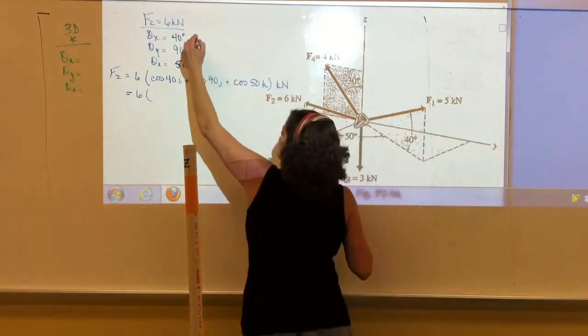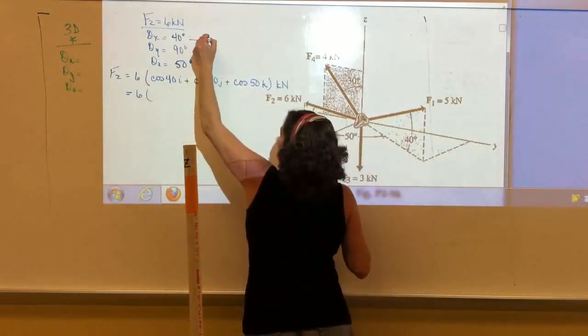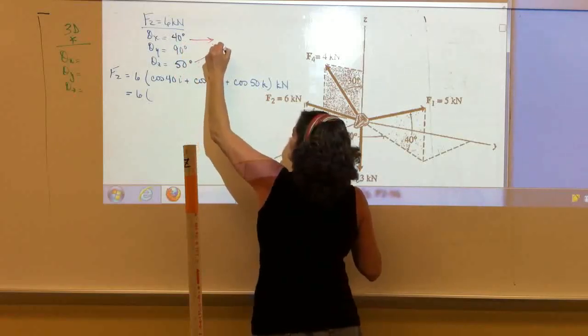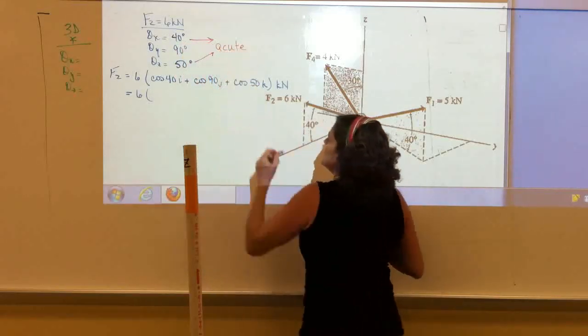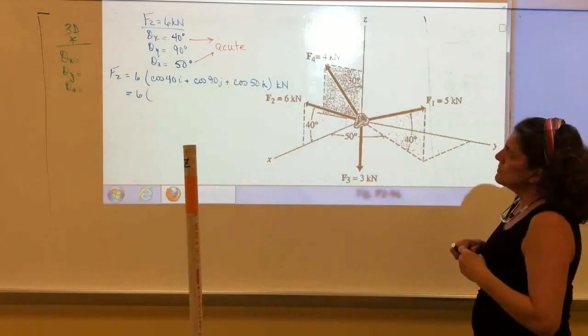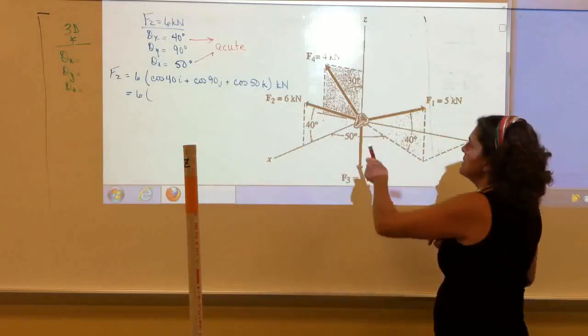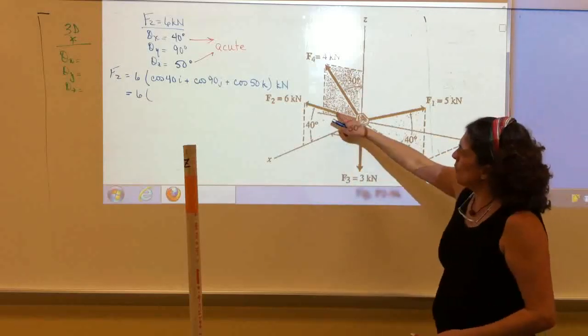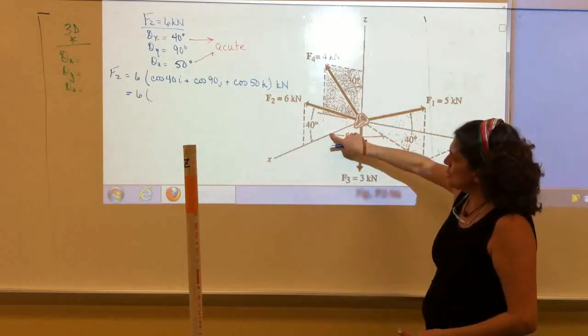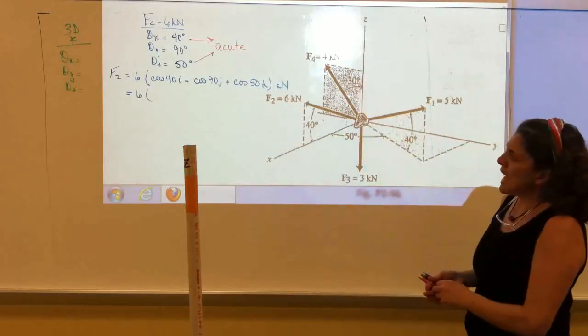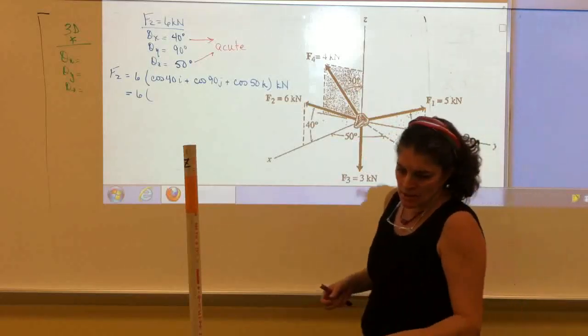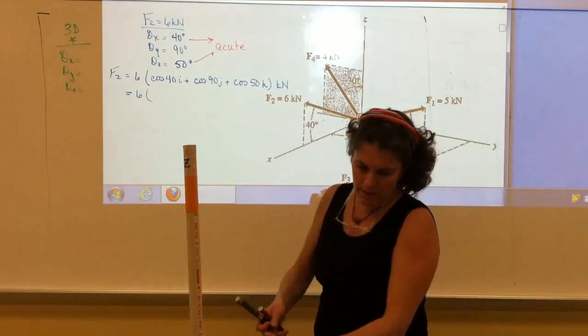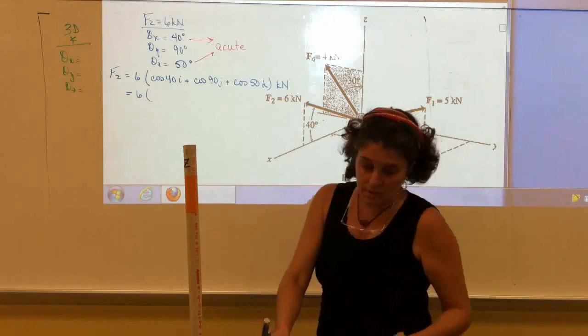Notice these are all, well, I guess this is not, but this one and this one are both acute angles. What's that telling us? It's telling us that we're going to have positive values because our force is acute angle to the axes.